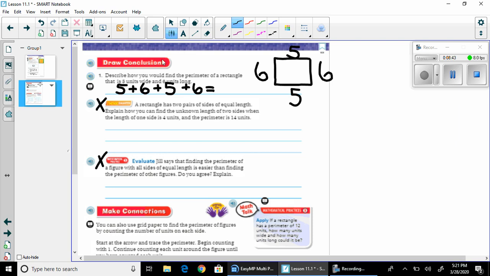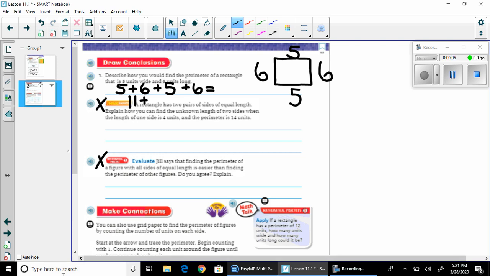Okay, and so to find the perimeter is to find the distance all the way around. So I am going to go ahead and add up our units here. Okay, so you always add the first 2, second 2, and then add them together. So we're going to take 5 plus 6, which is 11.